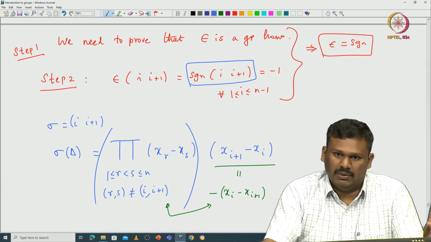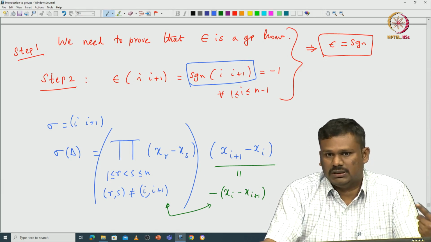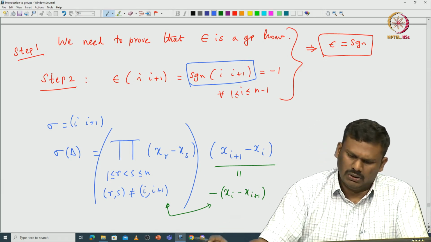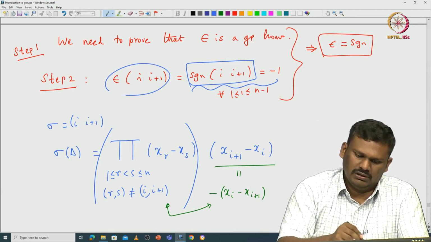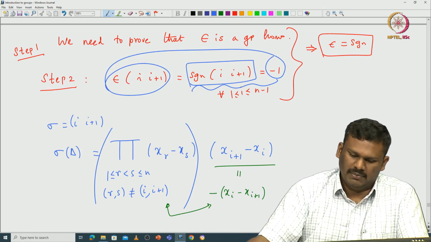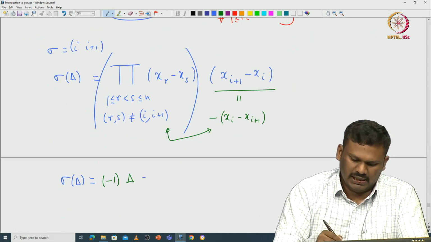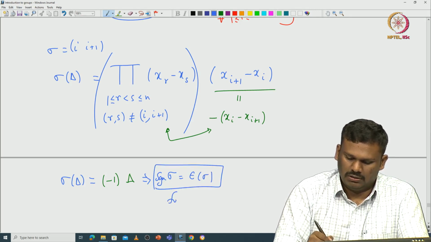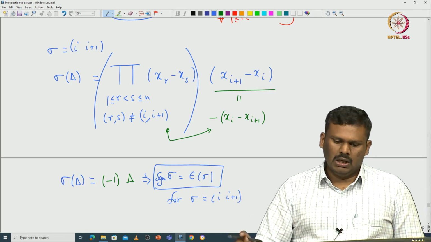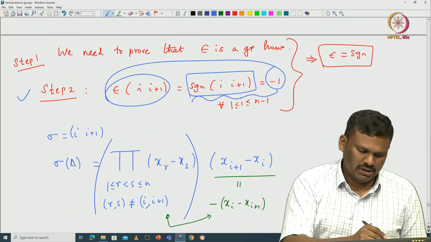By switching, the determinant is just minus 1. So we verified these two are the same. This implies that the sign of sigma is the same as epsilon of sigma for sigma equal to the transposition (i, i+1). So that proves that step 2 is correct.